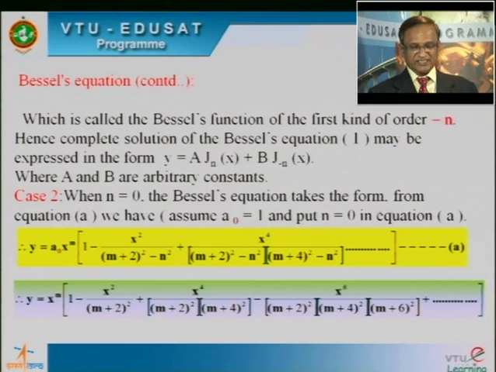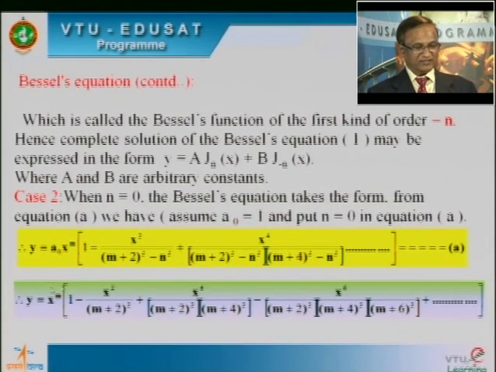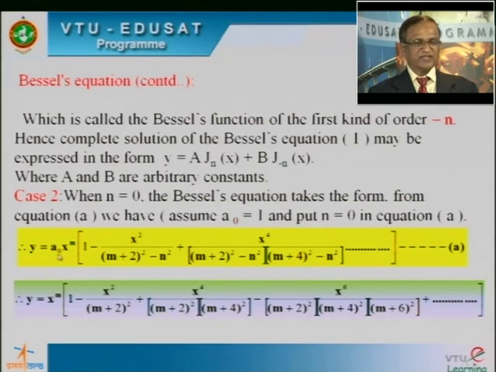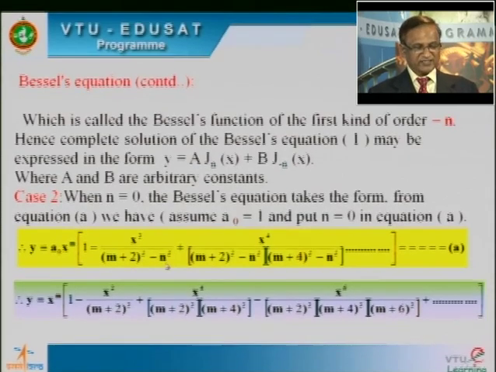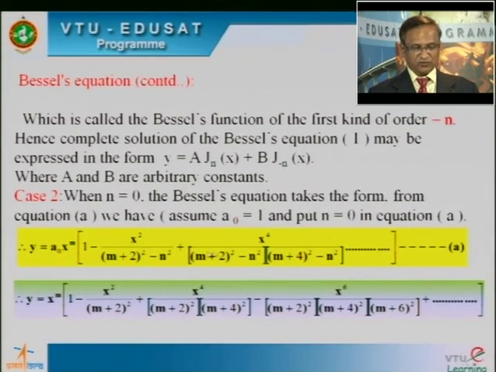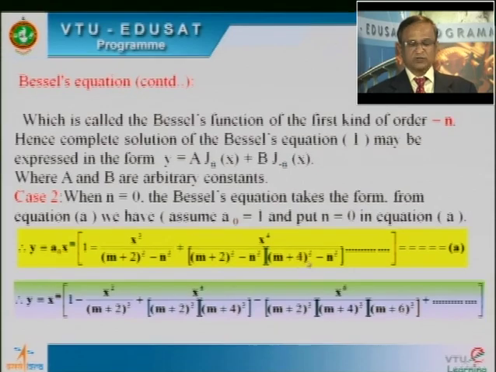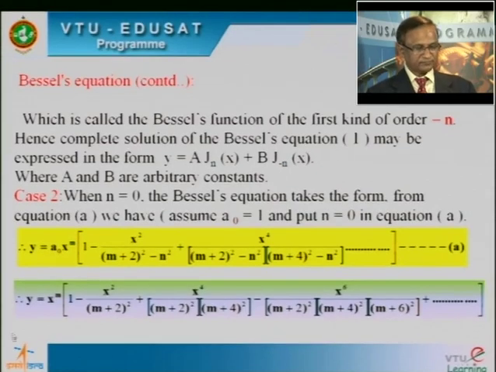The Bessel equation takes the form from equation A. Now we assume a₀ = 1 and replace n by 0 in equation 1. That can be written as y = a₀ x^m [1 − x²/(m+2)² + x⁴/((m+2)²(m+4)²) − ...] and so on.